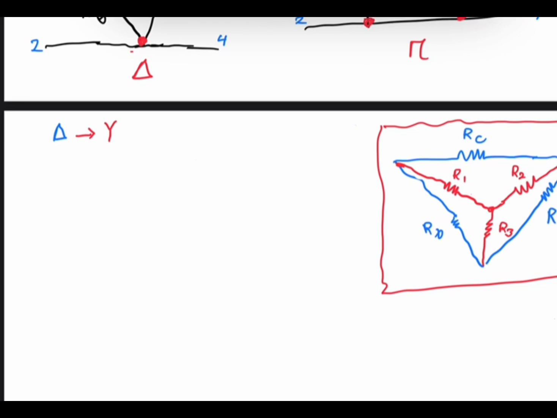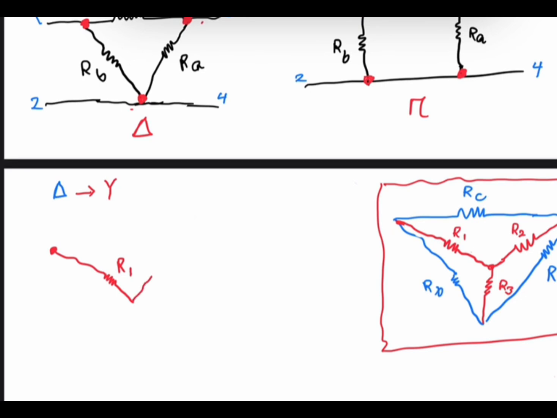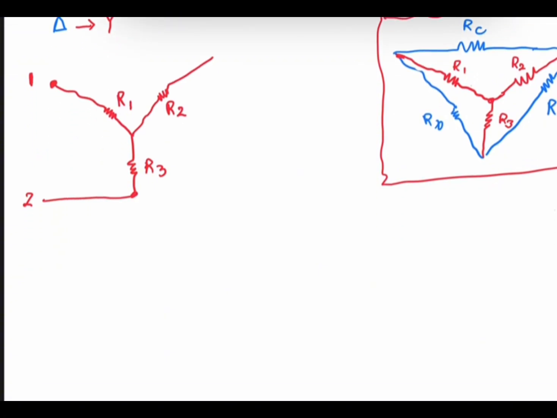I redraw the Y quickly. I call this one R1, this one R2, and this one R3. I assume this is my terminal 1 and this is my terminal 2, and for now I'm not interested in the other terminals, just terminals 1 and 2.